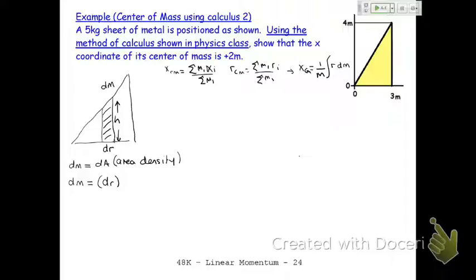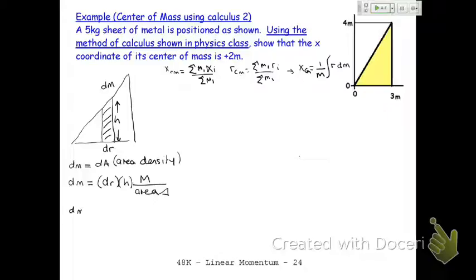So I'm going to cheat and say, pretend it's a rectangle. It's so thin, it's like a rectangle. Works for me. And then I'm going to say my area density is the total mass over the area. So, if you like, the area of the triangle.